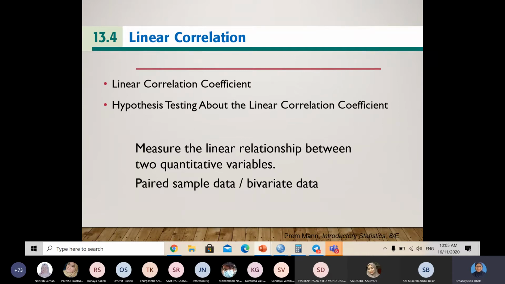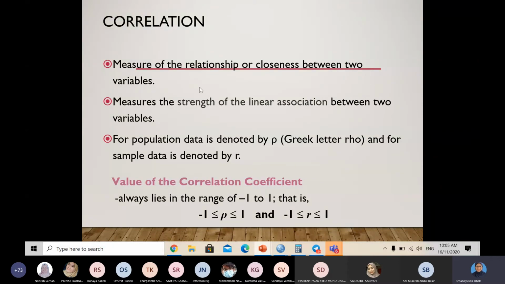Or we can state in the objective, your specific objective, to determine the correlation between this and that, between two variables. So we measure the relationship of closeness between two variables, the strength of the linear association.